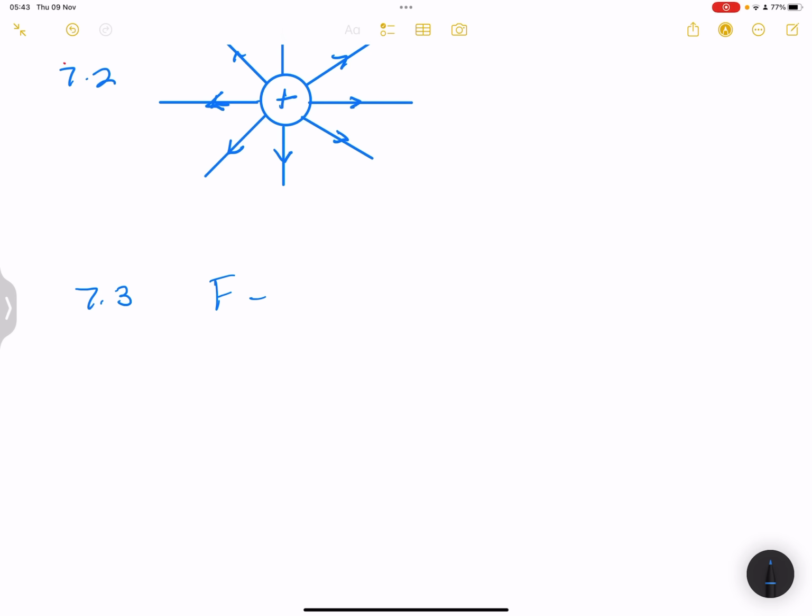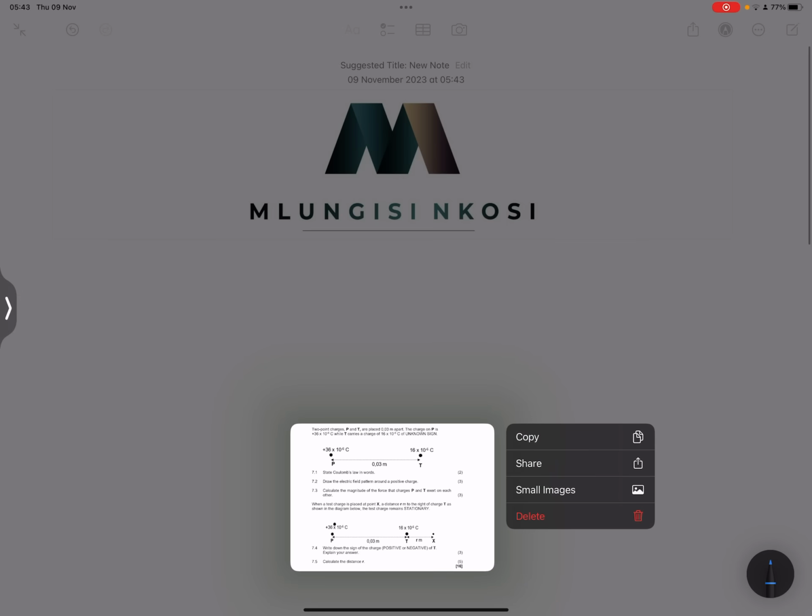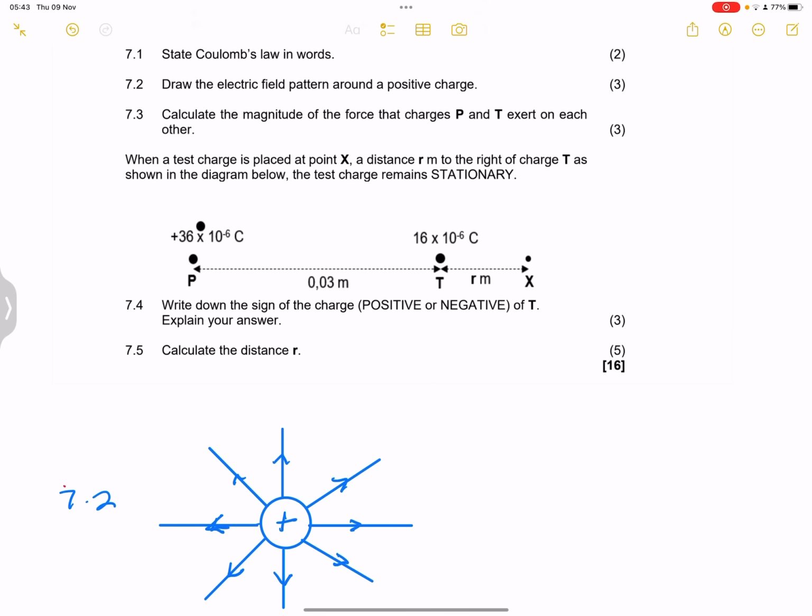So F is equal to k Q1 Q2 divided by r squared. So let's say QP and QT.